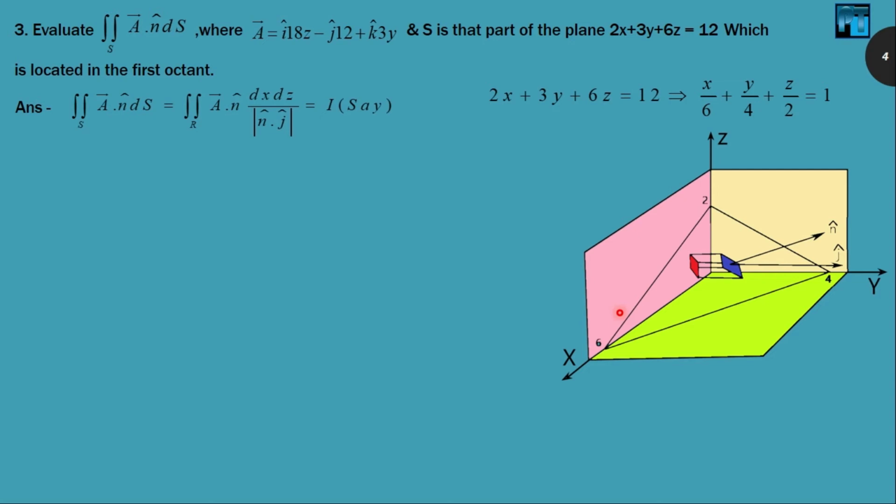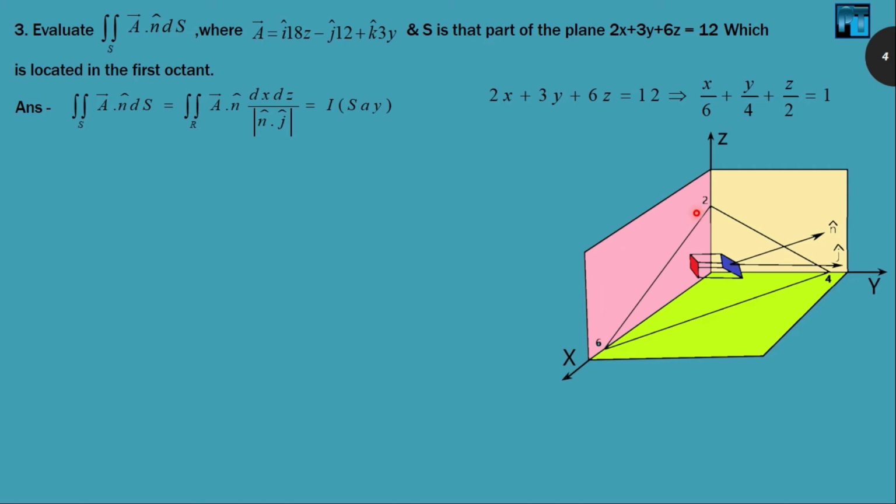Now A dot n cap dS can be rewritten as A dot n cap. Since the projection, this red small one, is the projection of the blue one. Both are elementary surfaces. The blue one is the elementary surface of this surface, and the red one is its projection onto the xz plane.